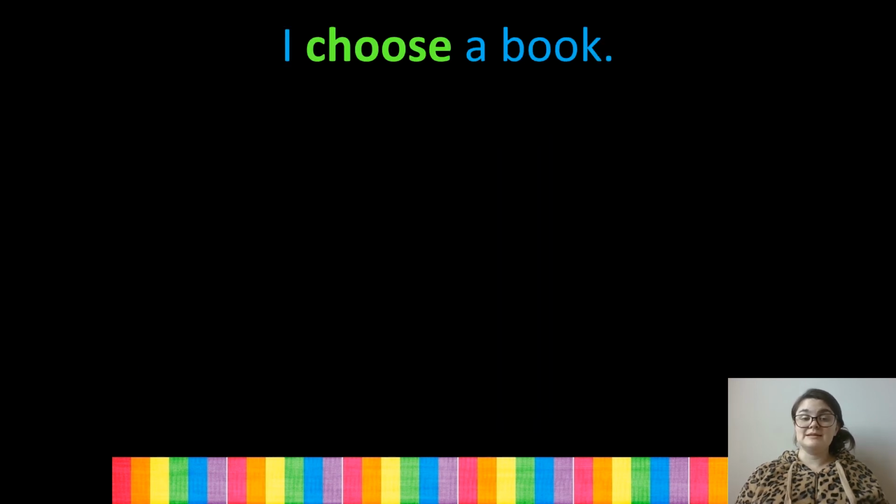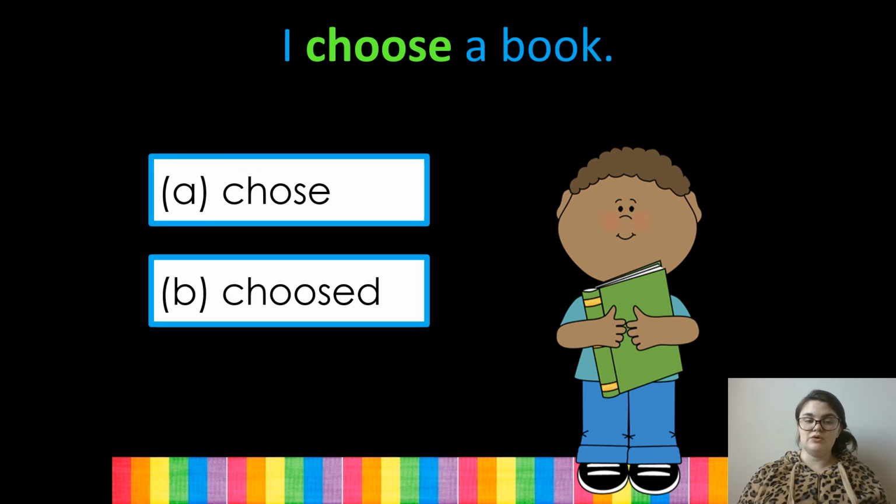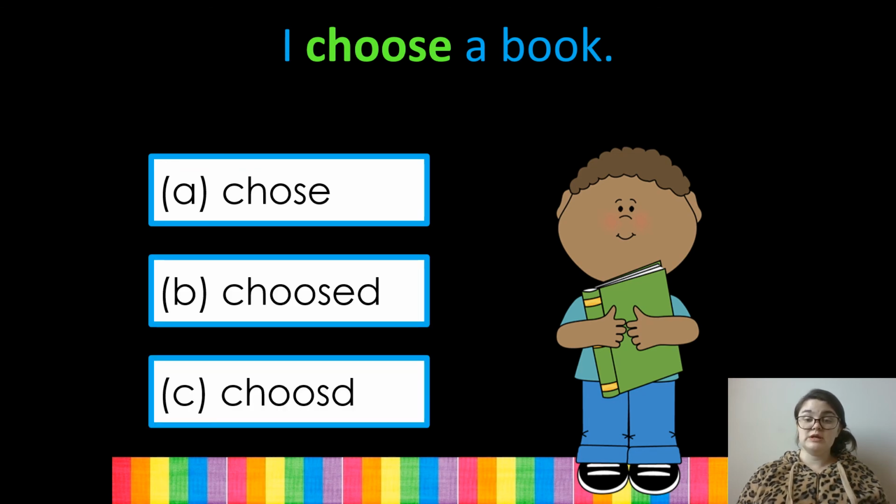Our next sentence is I choose a book. Now you need to choose the correct past tense for the word choose. Is it A, chose, B, choosed, or C, choosed? You decide which answer makes the most sense. A great way to decide would be to change each of these words and put them into the sentence.